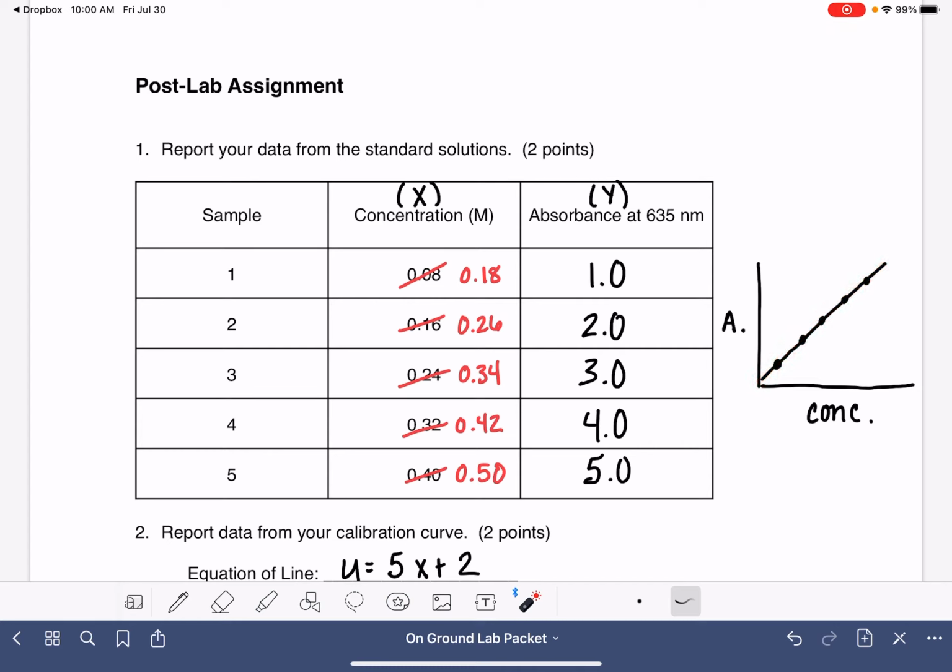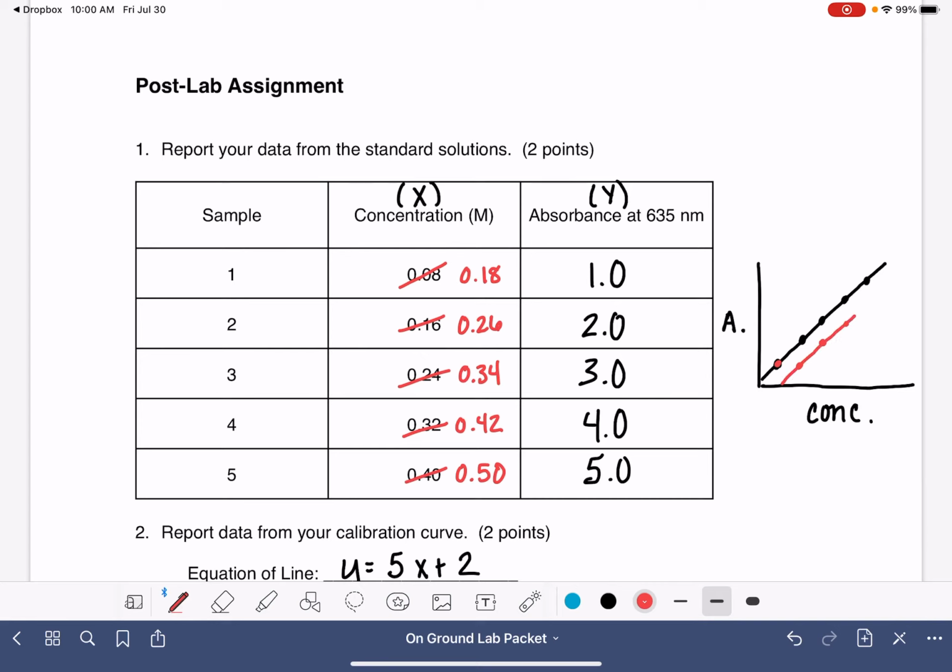The true line, the actual graph here, would be coming from the absorbance values 0.1 or 1.0, we'll say, corresponding to a higher concentration. So this data point, instead of being here, it would actually be over here. And this one would be here and so on.